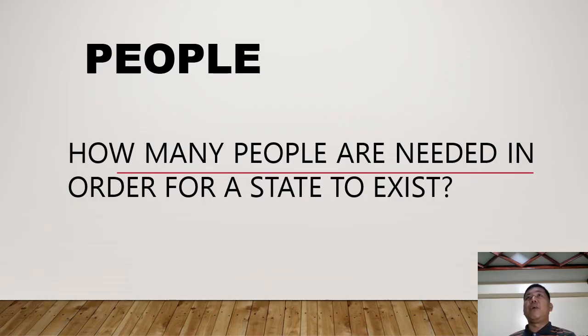That's the people of the Vatican City. But Vatican City is a state, even though the people there is less than 1,000. So there is no particular number of people required in order for the state to exist. It could be as big as the population of China or lesser than the population of Vatican.